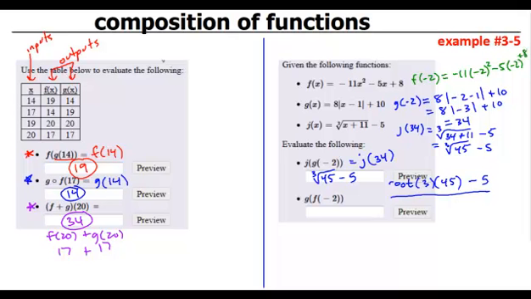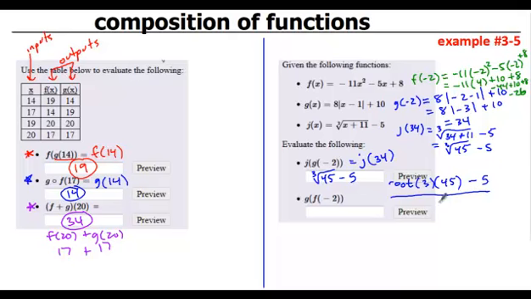Everywhere there's an x, we're replacing it with a -2, and that's going to give us -11 times 4, minus a minus becomes plus 10 plus 8, and here we get -44 plus 10 is -34, plus 8 is -26. So there's my f of -2.